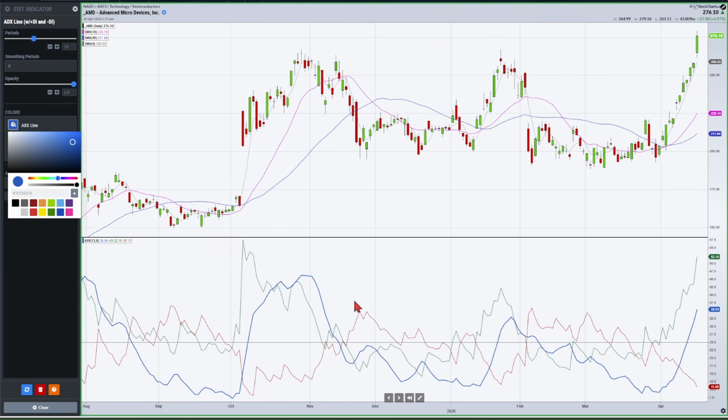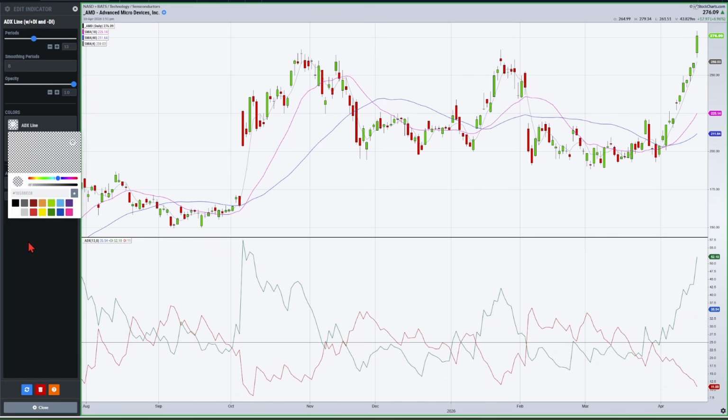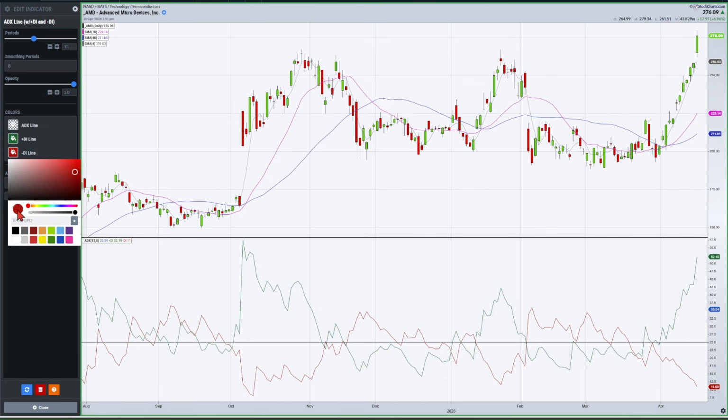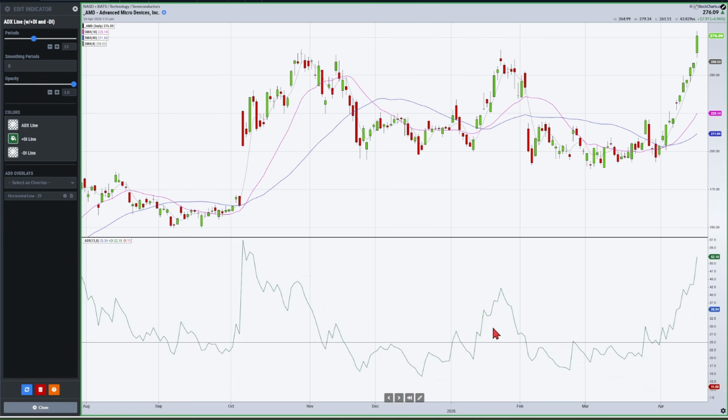Like there's jagged lines flying all over the place. It just doesn't seem like you can get a whole lot out of this when you look at it with all the movement of all these lines. So I want to clean this up a little bit. We're going to take the ADX line off, but we're also going to take the negative DI line off as well. So we're just looking at the green DI, the plus DI.